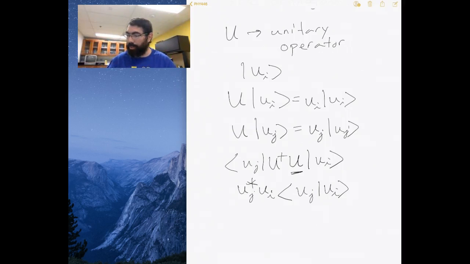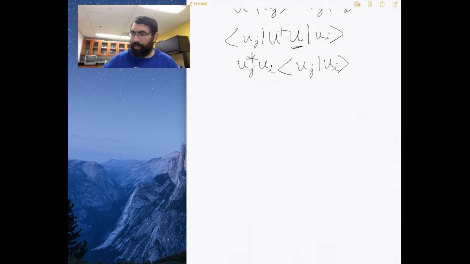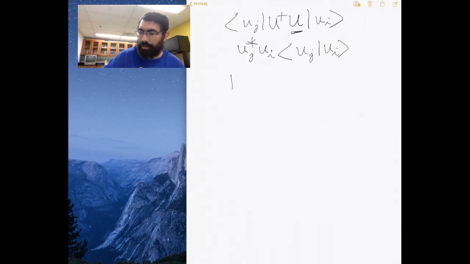But remember, I should say, that the adjoint of the unitary operator times the operator is the identity. That's one of the definitions of these unitary operators.